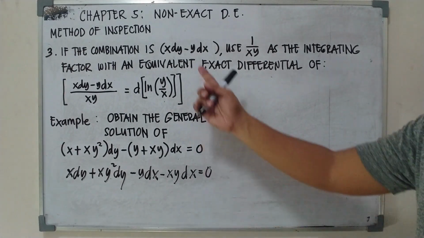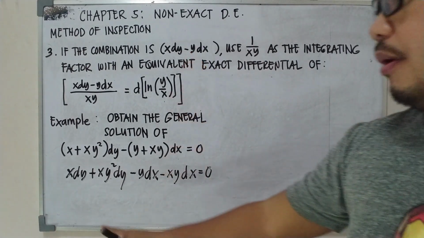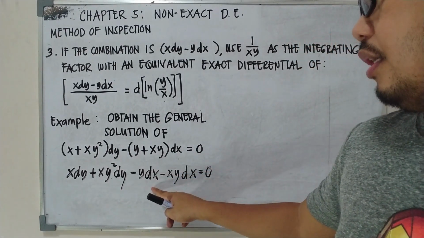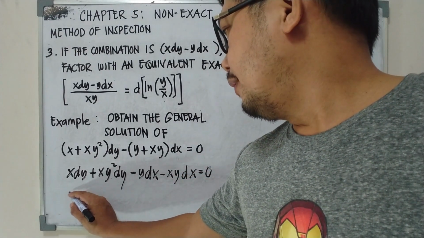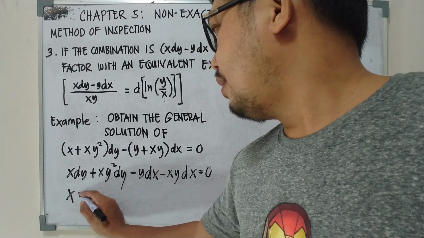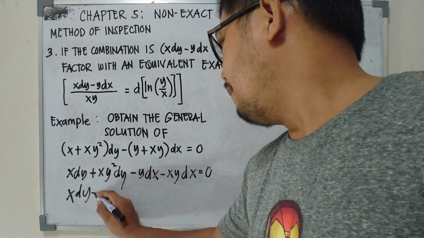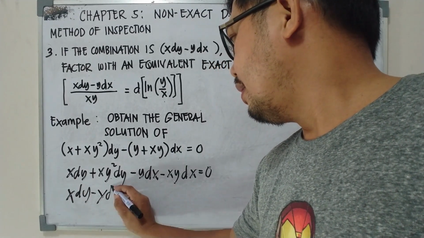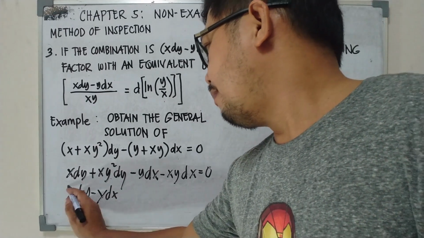So arrange mo na yung combination na gagamitin natin. So meron kang x dy minus y dx. Arrange. So here, x dy minus y dx. Separate mo na siya.